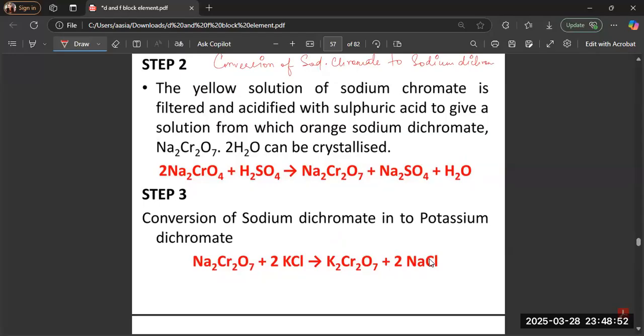We convert the sodium dichromate into the potassium dichromate by adding potassium chloride to it. In the sodium dichromate, just add a pinch of potassium chloride and you will get potassium dichromate, K2Cr2O7, over here and a salt, NaCl.